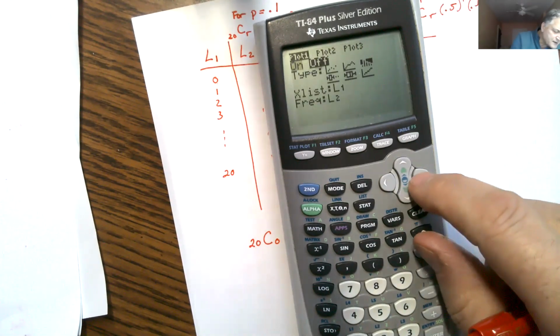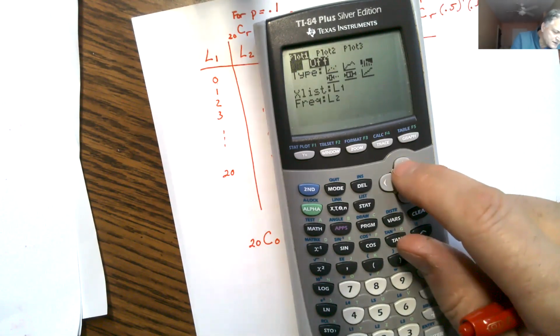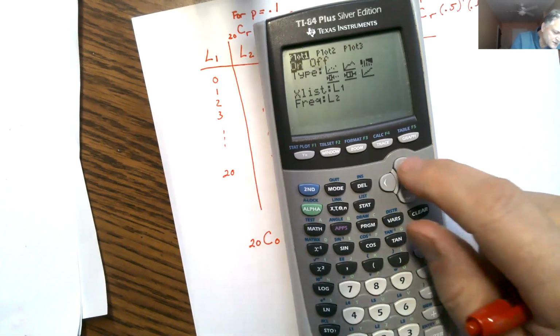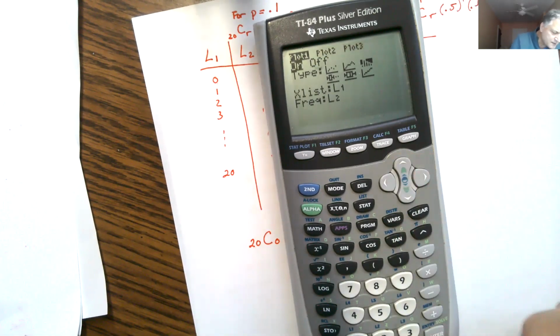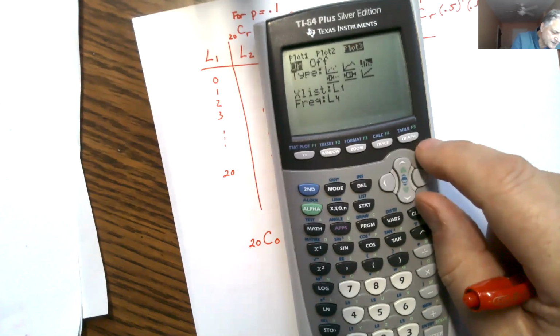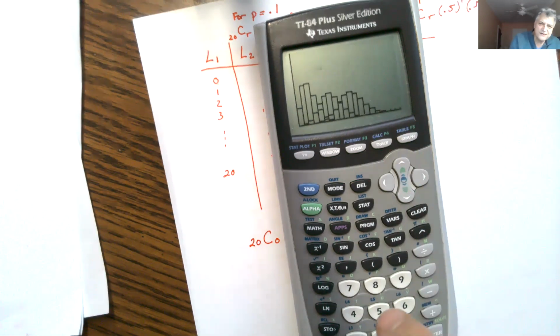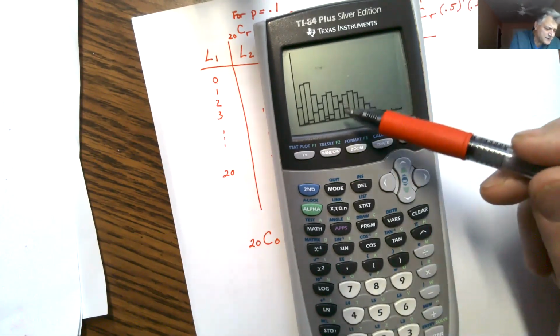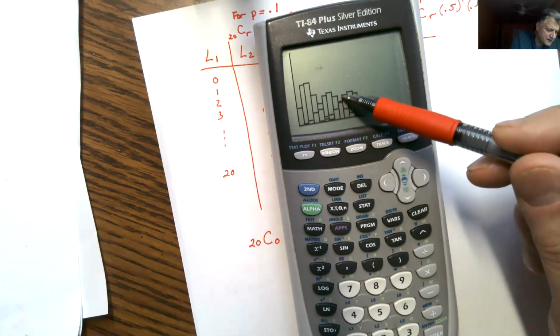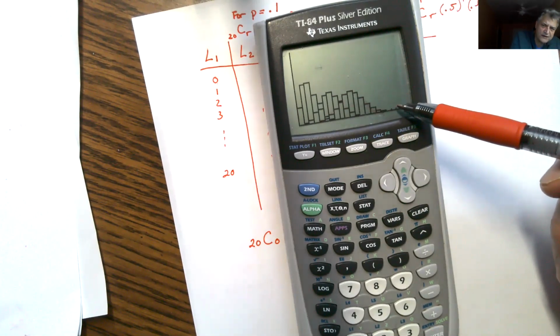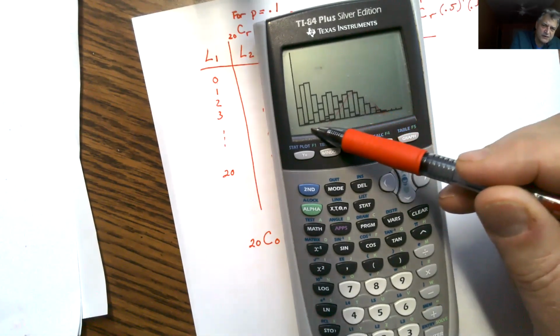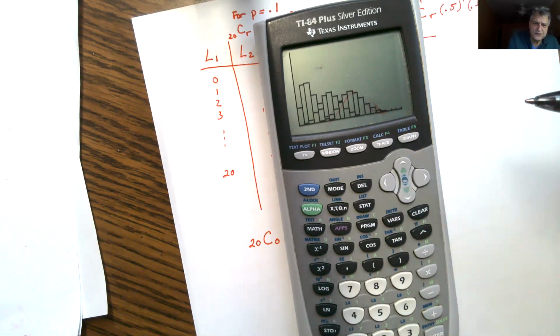Let's look at the third one. Anyway, here's the third one over here. See, this looks a lot more normal. It's centered about where it should be, and it doesn't look skewed, okay?